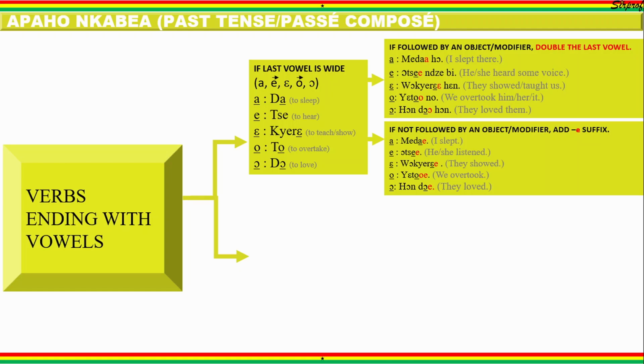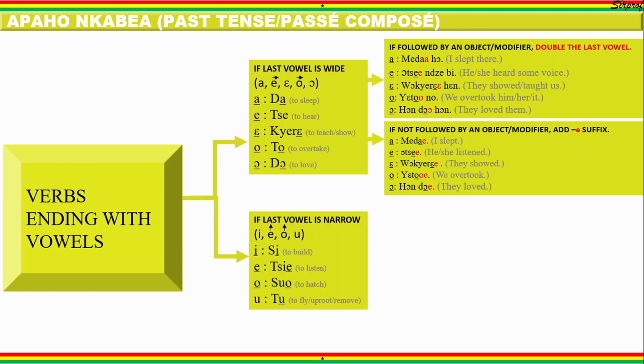In the second scenario, if the last vowel of the verb has a narrow sound. I, E, O, U. I as in si. E as in tie. O as in so. U as in tu.